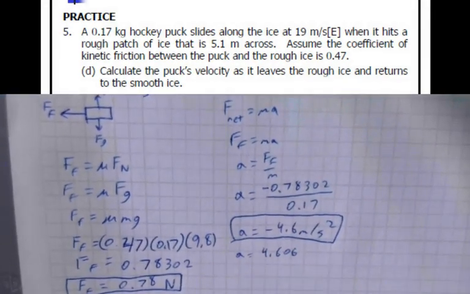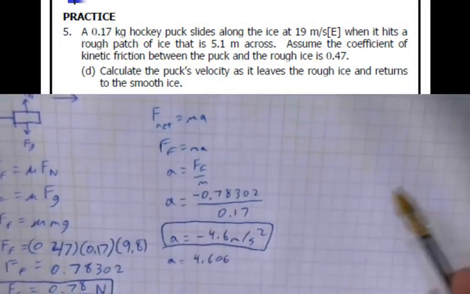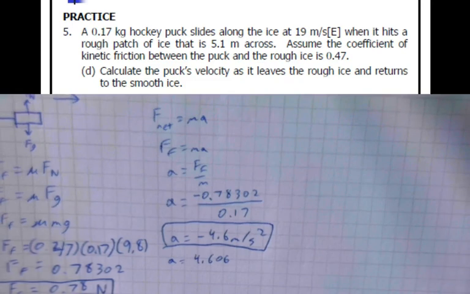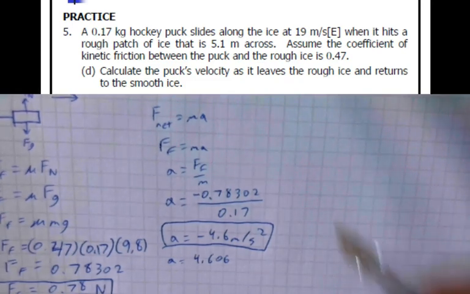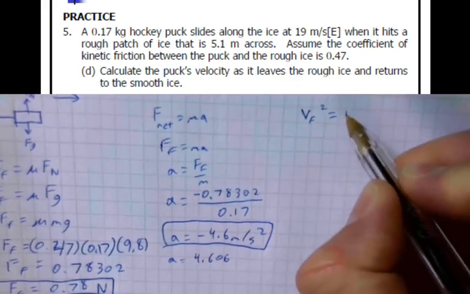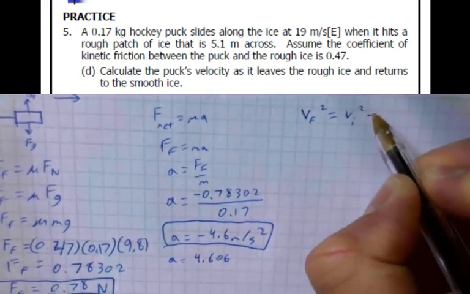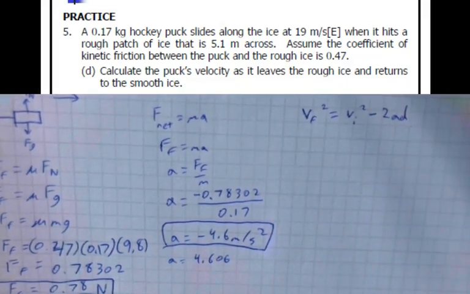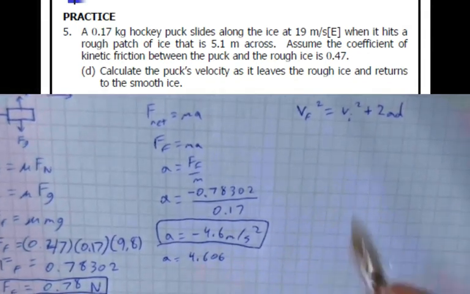And when we're considering this, we have to look at the Newtonian equations. We have a vi, we have an acceleration, we need to find the vf, and we have a d. So we would use this equation, vf squared equals vi squared plus 2ad, but that's going to be minus because we're slowing down.